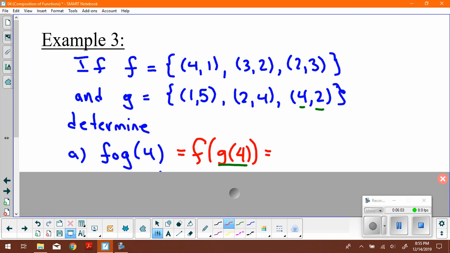So g of 4 is equal to 2. So this now becomes f of 2. Now I calculate f of 2. I go to my other table. When I input 2, my output is 3. So this whole thing is equal to 3. So f of g of 4 is equal to 3.